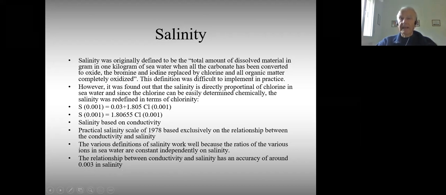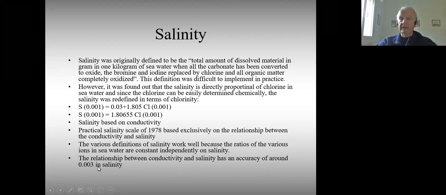So, you remember the day before yesterday, we were talking about the accuracy of temperature, which is on the order of 10 to the minus 3, which is more or less the same thing as the accuracy of the salinity.